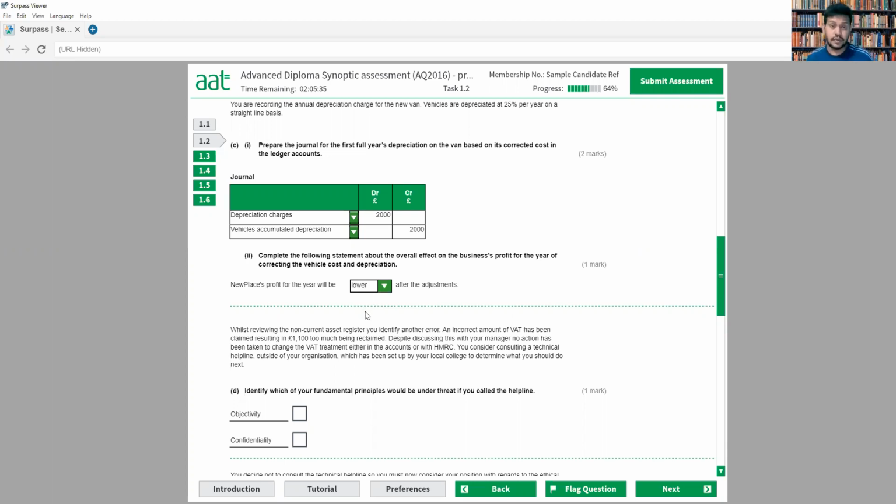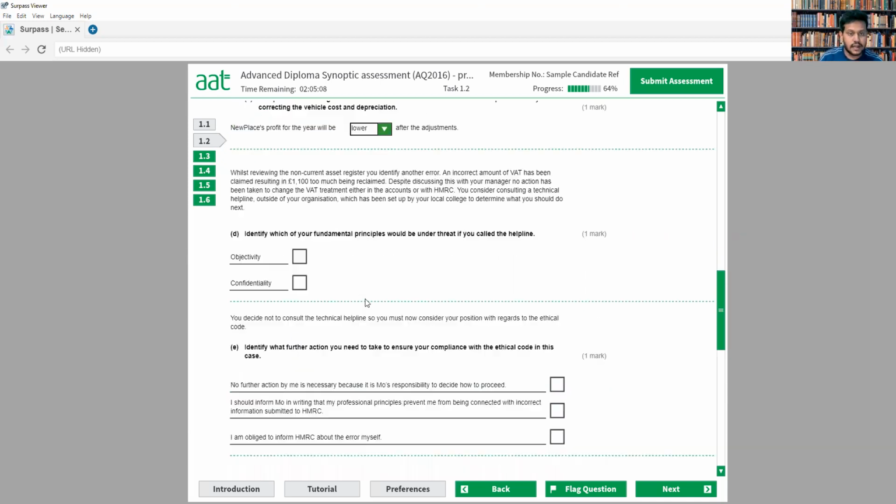The profit will be lower because the depreciation is an expense. For example, let's say my income was 10,000, and if I deduct 2,000 from the income because the 2,000 is the depreciation, my new profit will be 8,000, not 10,000 anymore. So it's quite simple. Depreciation is the expense, and because of this expense, my profit will go down.